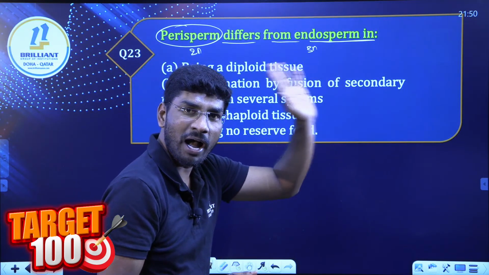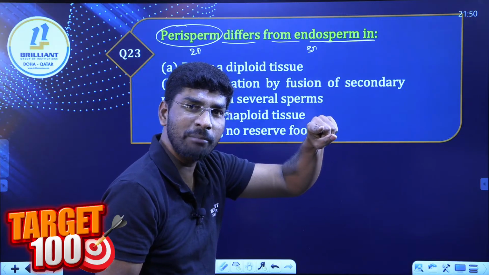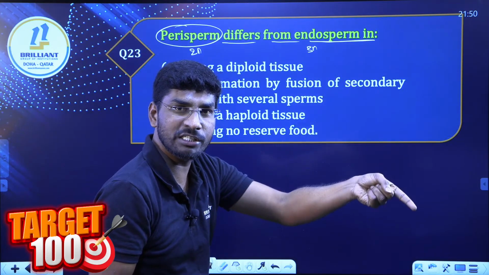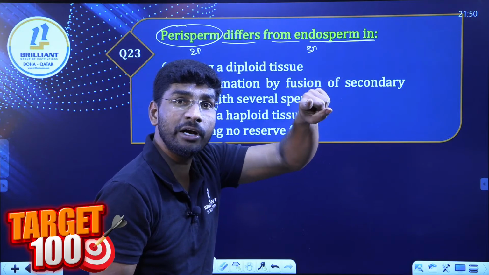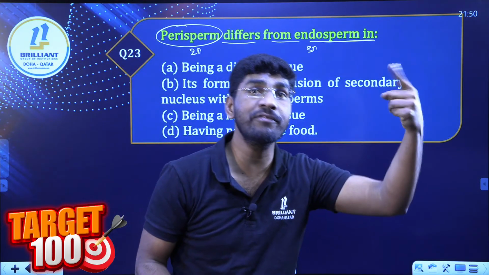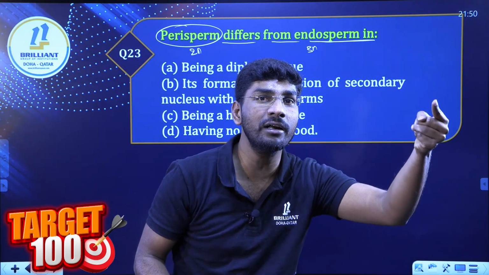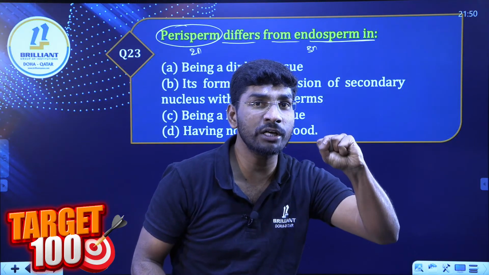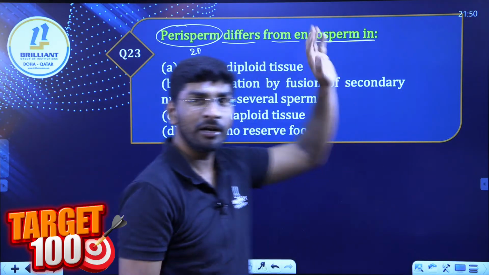Am I correct? Perisperm is diploid, it is a nucellar tissue actually. Endosperm is triploid. Endosperm forms after triple fusion, that means after 3 nuclei fuse, in double fertilization.